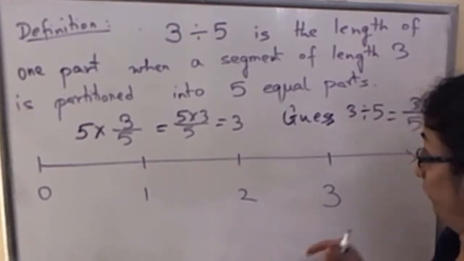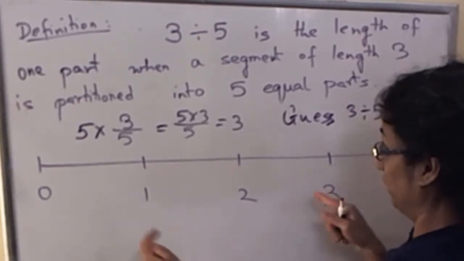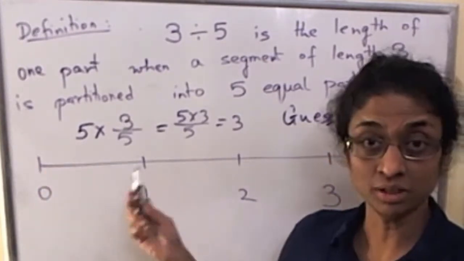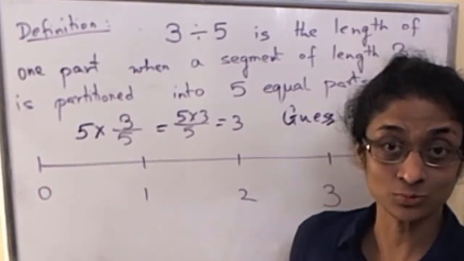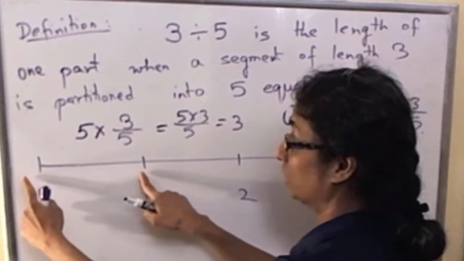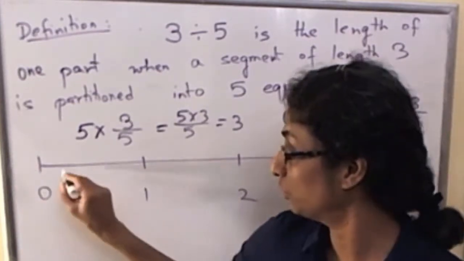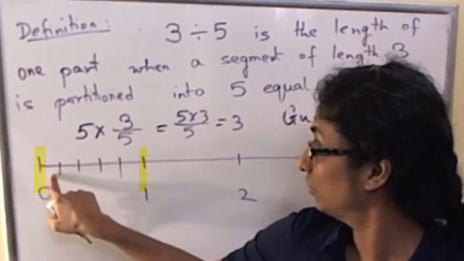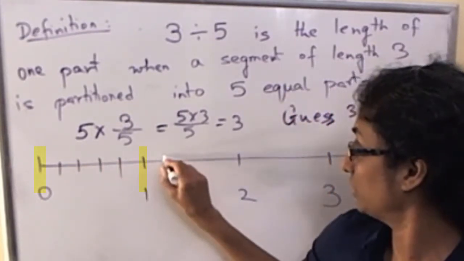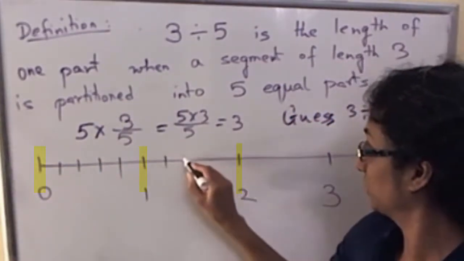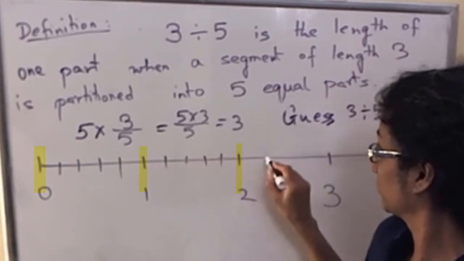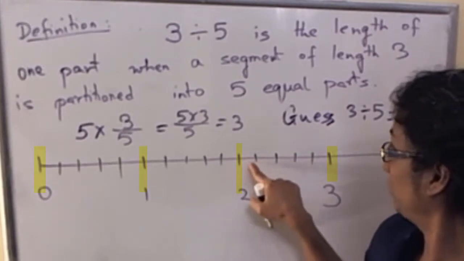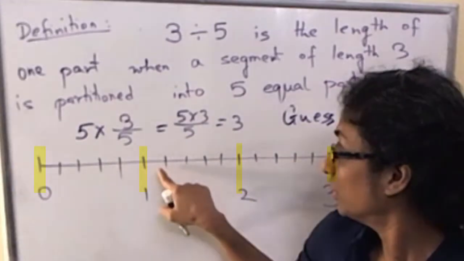So we can do the following. We can take this long segment and cut it up into as many pieces as we would like. In fact, I'll go ahead and cut each unit segment into 5 equal pieces. 1, 2, 3, 4, 5. I'll do the same thing to each of these. 1, 2, 3, 4, 5. 1, 2, 3, 4, 5.